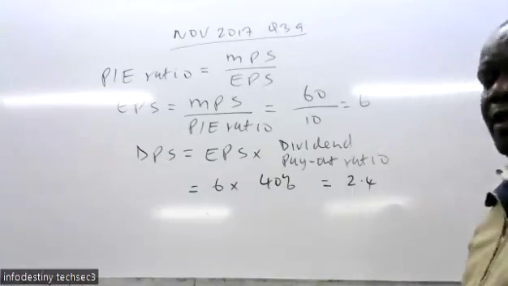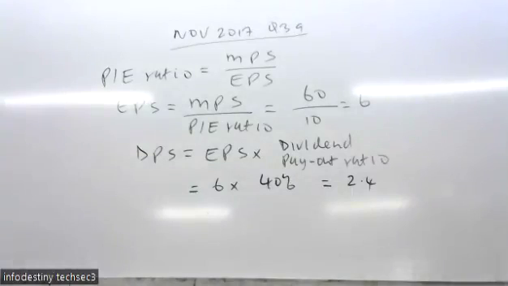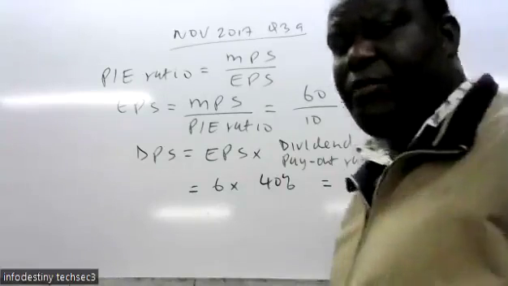Once we get the dividend per share, we can now start with the present value of the future benefits during the non-constant period, because they say that the company's earnings and dividends are predicted to grow at an annual rate of 10% for the first 3 years, then 5% for the next 2 years, then 4% thereafter in perpetuity.